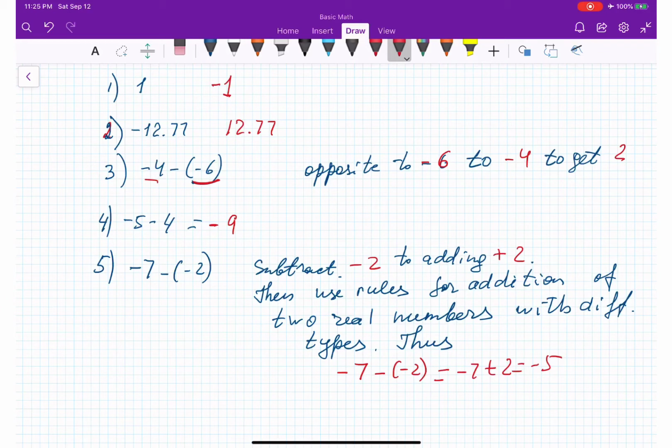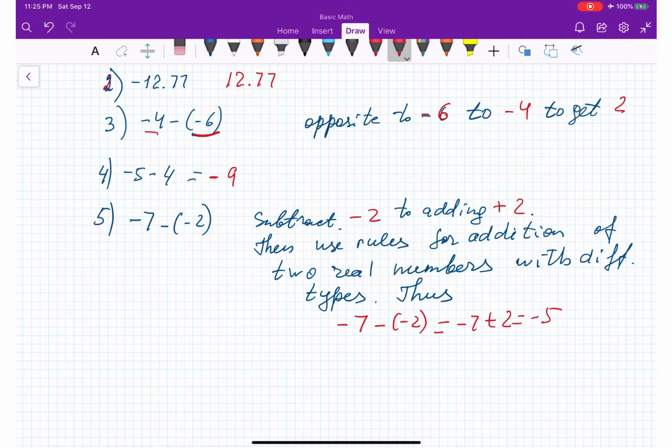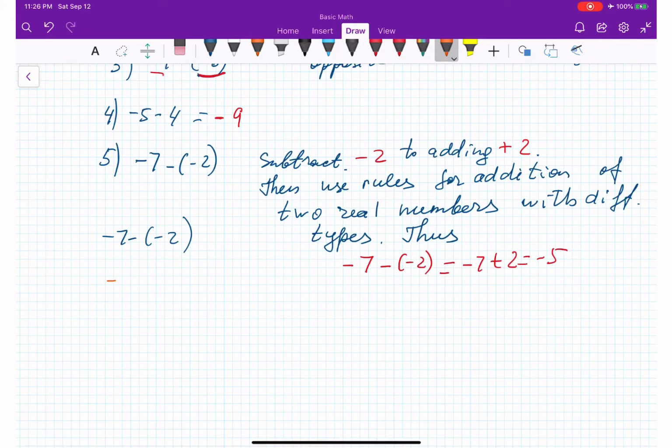Let me explain, since we have this case here, -7 minus -2. Let me do some drafting here. When we have -7 plus -2, remember what I told you.